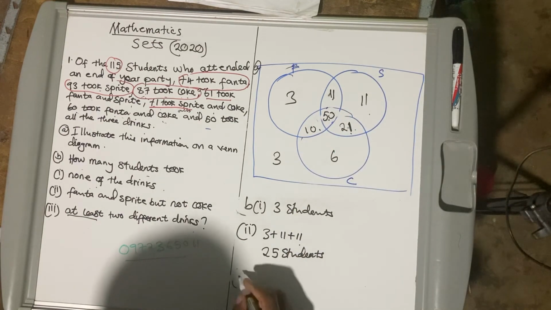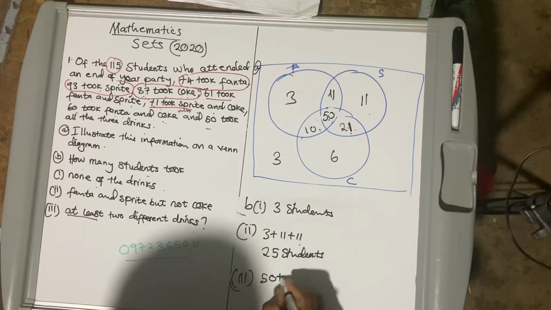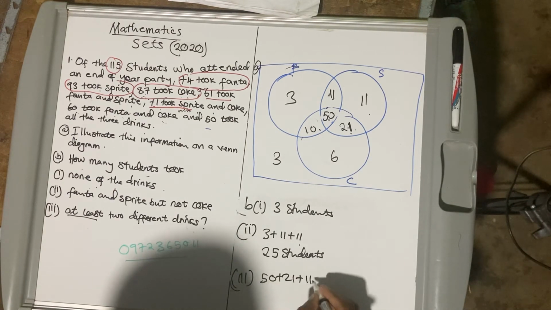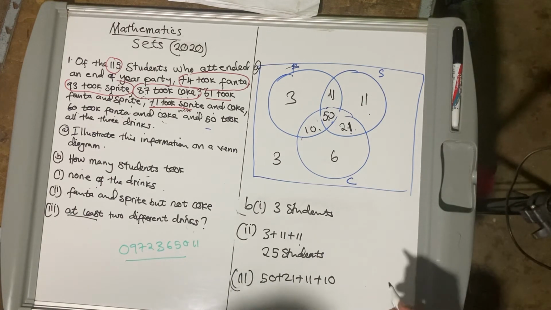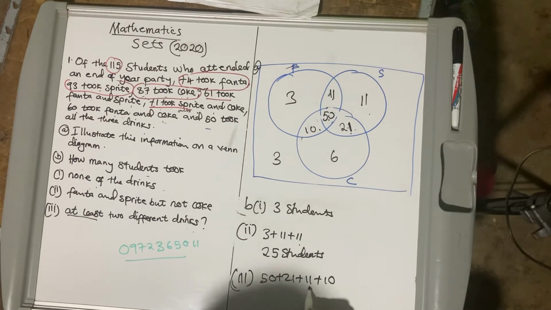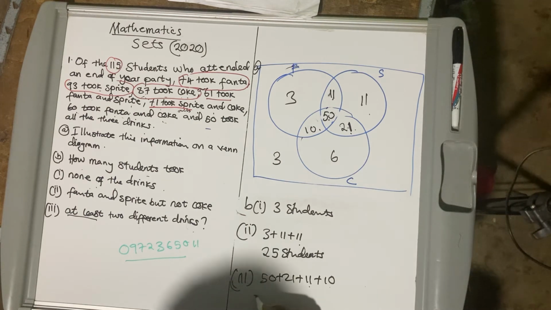That is what "at least" means. So this one plus this one is giving us 71. We have 82. 82 plus 10, 92. So we have 92 students who took at least 2 different drinks.